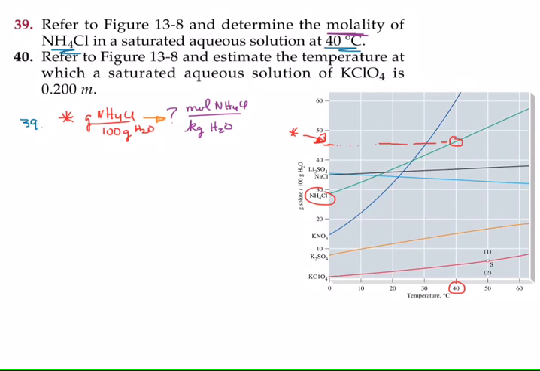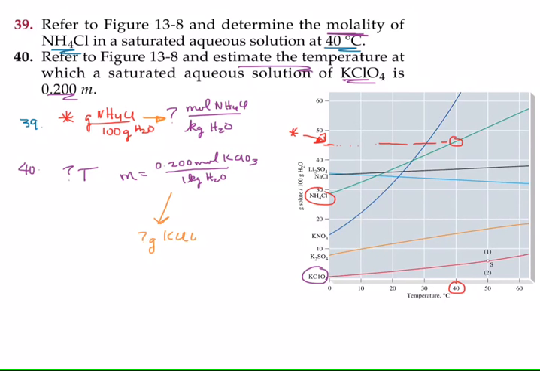Okay, the next one, you're turning attention to the potassium perchlorate, which we worked with before. Estimate the temperature at which a saturated aqueous solution is 0.200 molar. You need to convert that to grams of solute per 100 grams of water, and then pick it off of there.